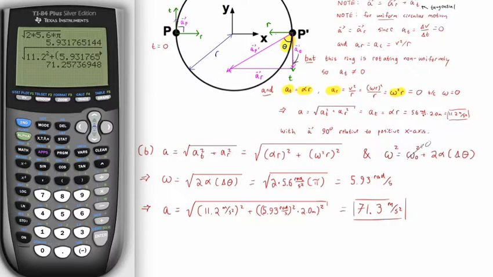This one's going to be useful because we can use inverse tangent to calculate it, but then we have to remember to actually add or find an angle that is relative to the positive x-axis. Okay, so let's go ahead and calculate theta. Theta is going to be tangent inverse of opposite over adjacent, which is just going to be a_r over a_t.